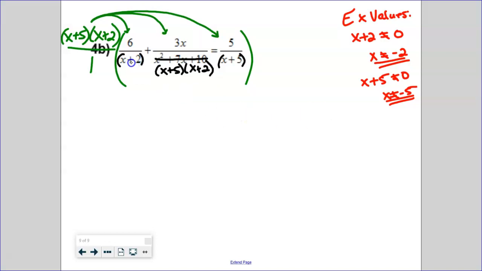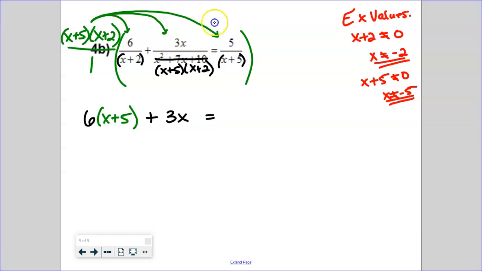So this first fraction, when I multiply the green thing by 6 over x plus 2, the x plus 2's will cancel. So you still have the 6, and you're still going to have the x plus 5, and we're going to have to multiply those together. The next fraction, oh my goodness, the x plus 5 and the x plus 2 will cancel. Y'all, you don't have anything left except for this 3x that's up top.